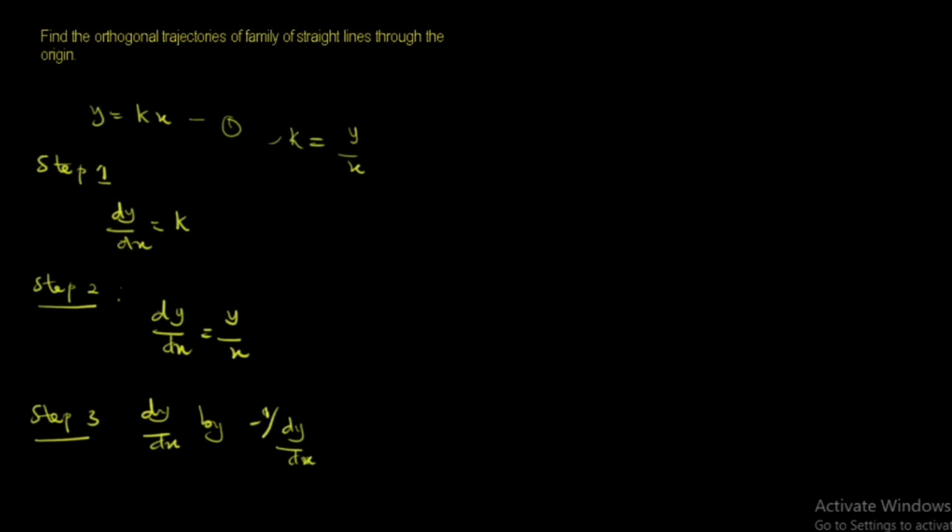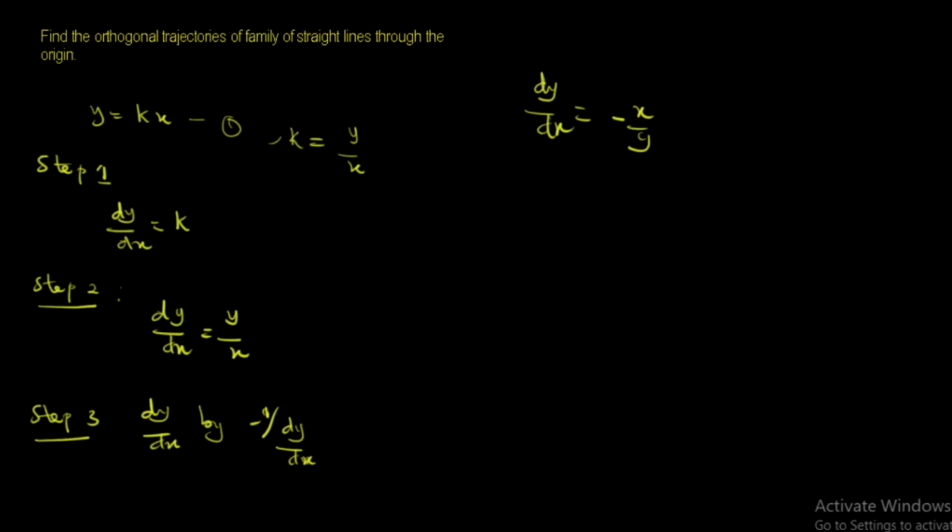When you do that correctly, for step 3 you are going to get dy over dx is equal to negative x over y. So with step 2, you replace dy over dx with negative 1 over dy over dx, and you get our step 3 to have this.